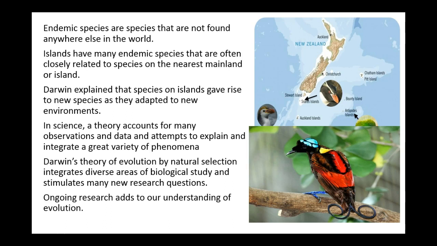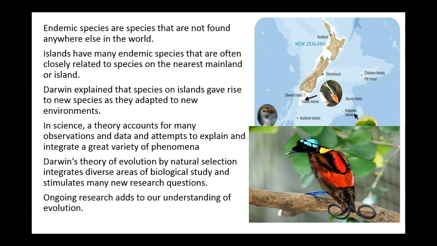So between the Galapagos Islands and South America, you have a common ancestor in the species, but the Galapagos species are very unique in that they have evolved on that island.